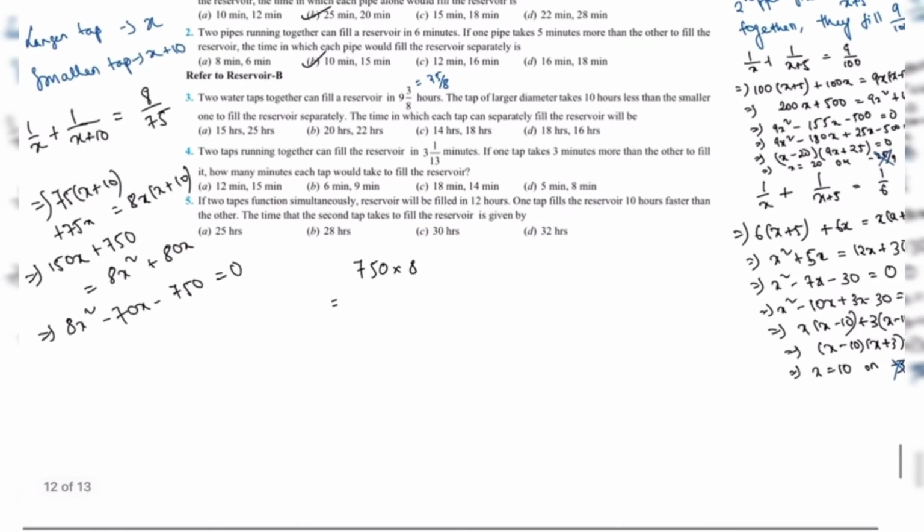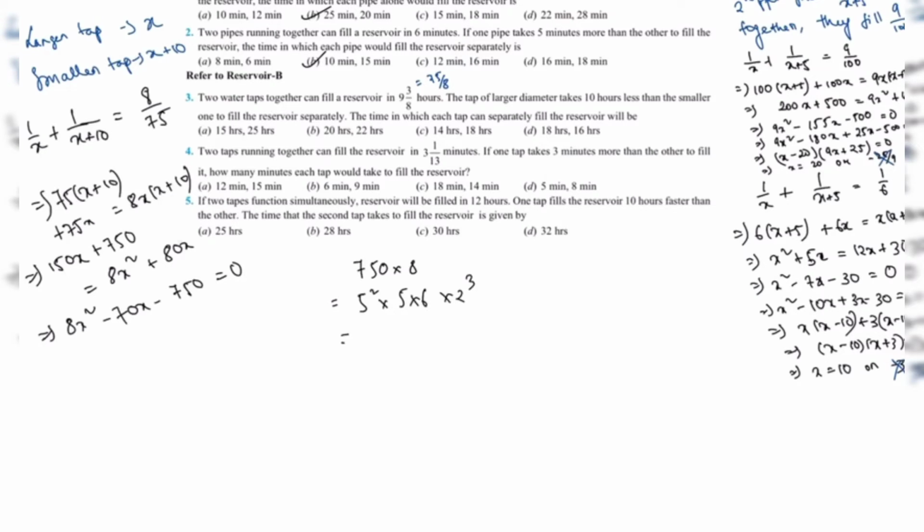So this is 5 square into 25, basically 25 times 30, so 5 square into 5 into 6 into 2 cube, that is 2 cube times 5 cube times 6.